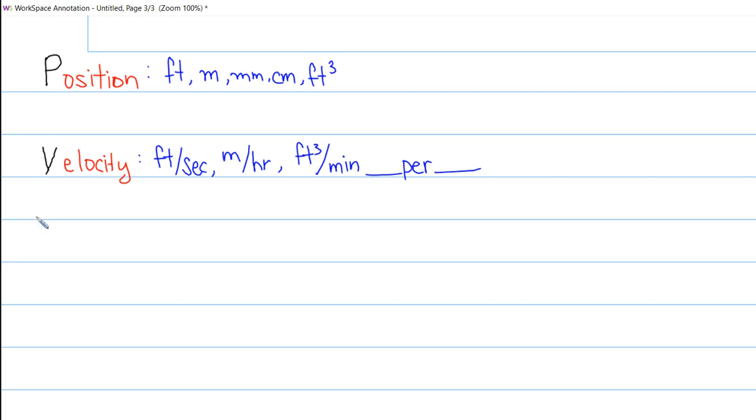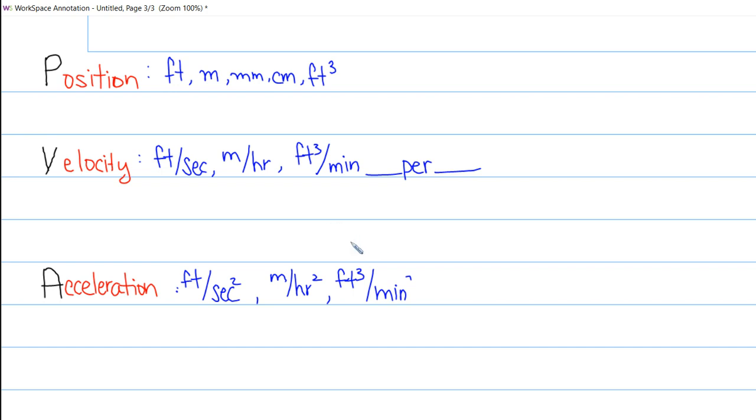Our acceleration, A stands for acceleration. The units for those would be feet per second squared, or meters per hour squared, or feet cubed per minute squared.